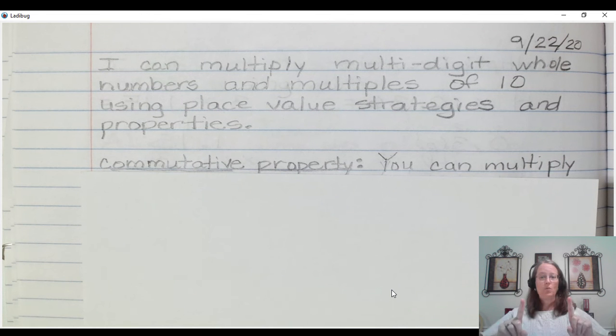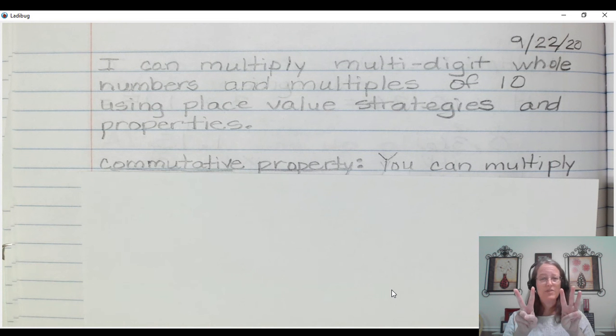So when we talk about the commutative property of multiplication, I like to think of it as here are my two digits. Let's say I have 2 times 3, okay? So 2 times 3 is 6.